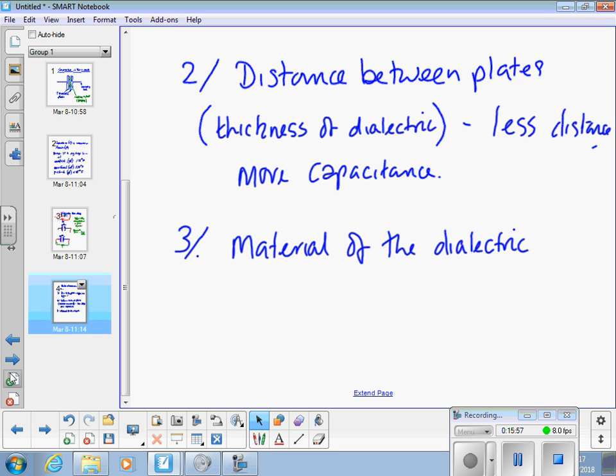The biggest example there is a tuning capacitor in an old style radio. It has a fixed set of plates and a moving set of plates, and what you're altering is the capacitance as you turn the frequency.